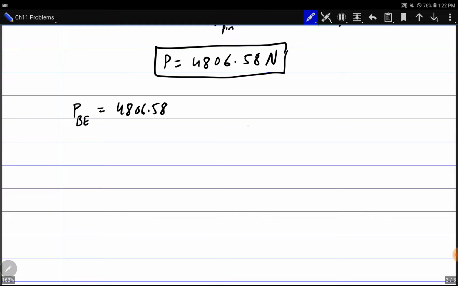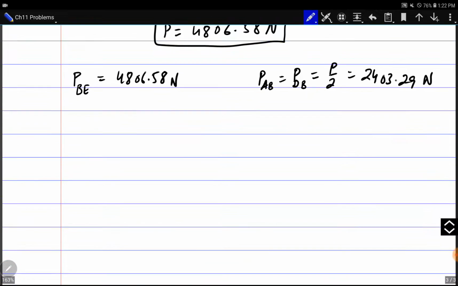The rest of the loads are half. PAB and PDB are half of the P, which is equal to 2403.29 newtons.